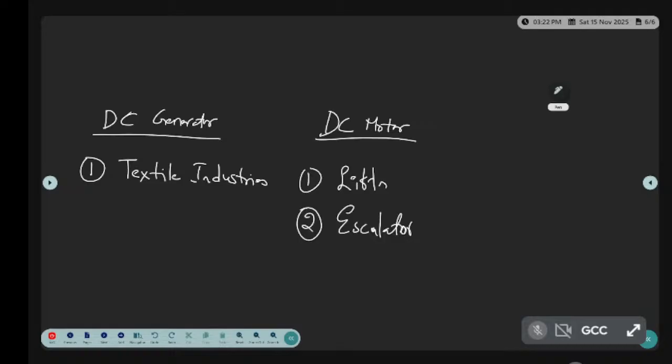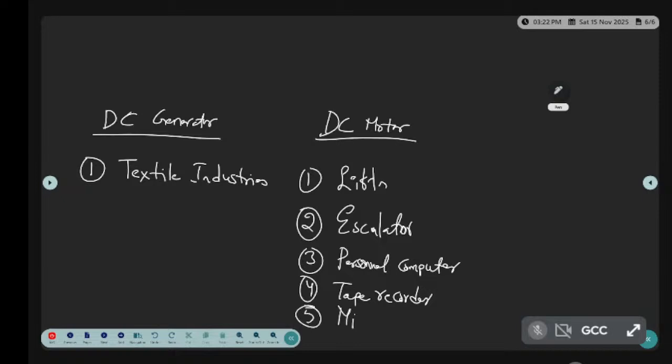Okay. And a DC motor in our personal computer. In olden days, tape recorder. Okay. And an AC motor is available in a mixie.